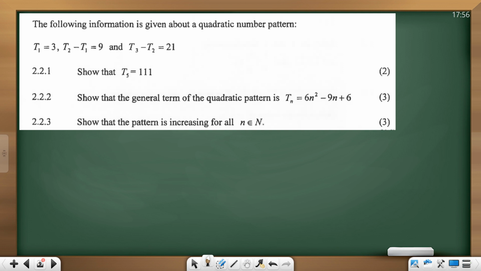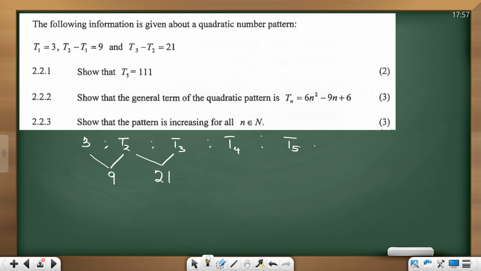T1, we do not know T2, we do not know T3, we do not know T4. But the examiner told us that T2 minus T1 is 9, and T3 minus T2 is 21. So I have simply transcribed that information into a simple ladder.